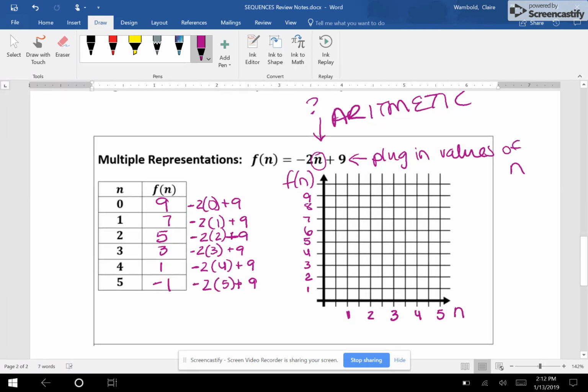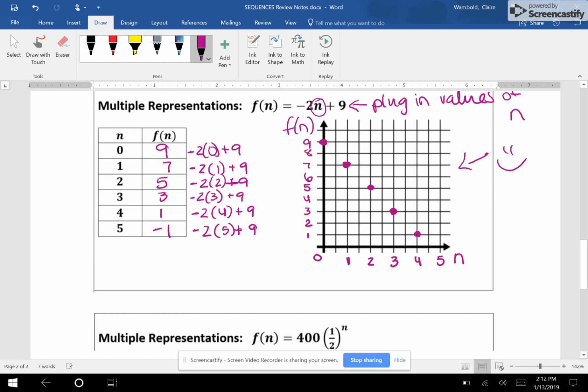Now as I start to graph, I've got the points 0, 9; 1, 7; 2, 5; 3, 3; 4, 1; and then 5, negative 1 is off the screen, and I'm just not going to worry about it. So we've got a table, a graph, and a formula all representing the same sequence.